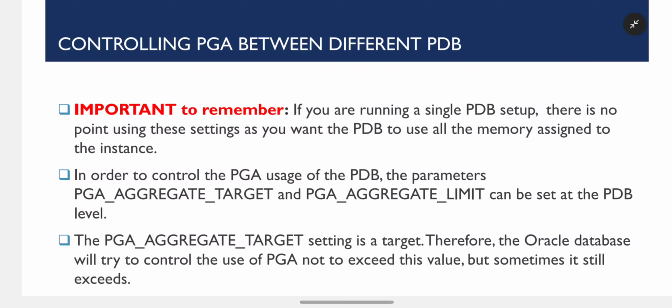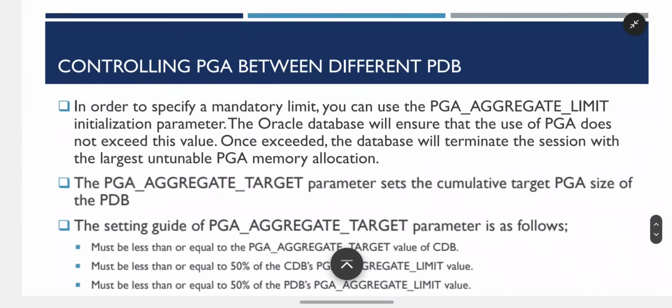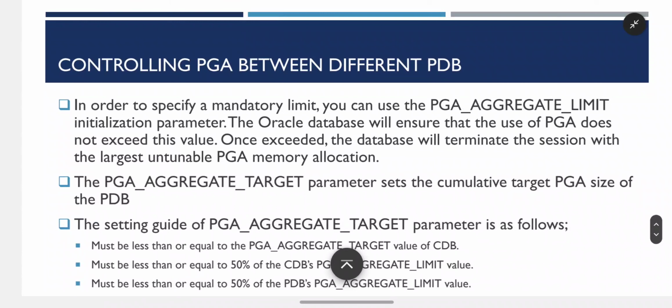The PGA aggregate target setting is a target. Therefore, the Oracle database will try to control the use of PGA not to exceed this value, but sometimes it still exceeds. In order to specify a mandatory limit, you can use the PGA_aggregate_limit initialization parameter.